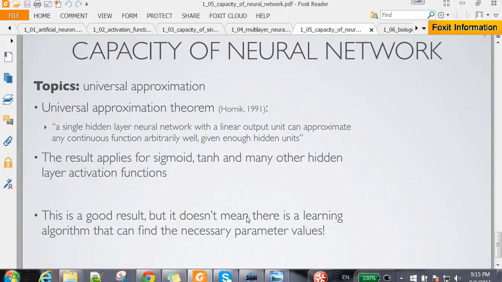I mean, it might, but it might not. So there's a whole field of research looking for other or better learning methods. In other words, learning methods means ways to fine-tune the parameters, or ways to identify the parameters which will approximate any particular function.